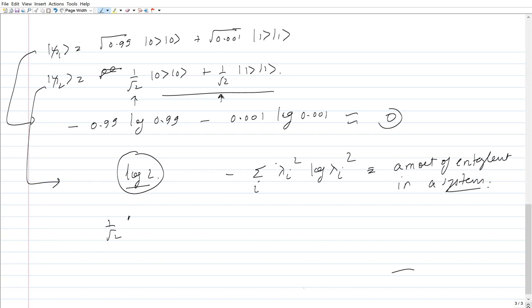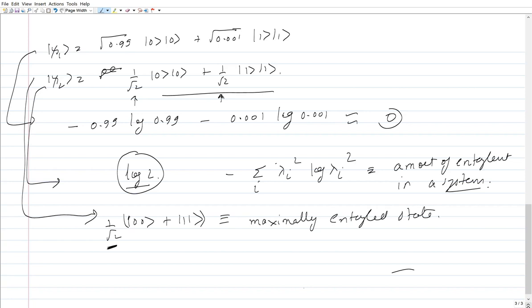As we've already seen, this state over here, with both coefficients being 1 over root 2, equal, gives the maximal Shannon entropy, and this is my maximally entangled state of a 2-qubit system.